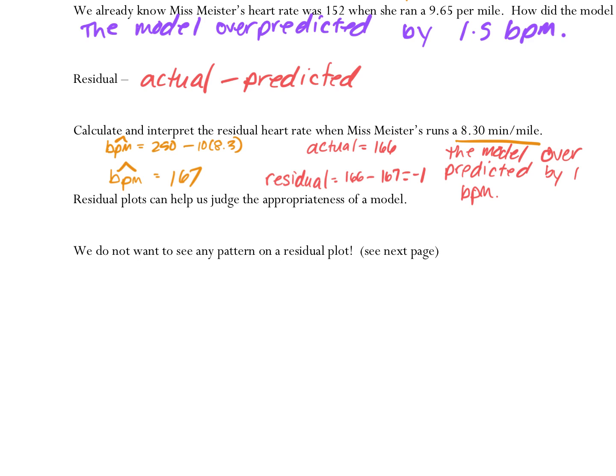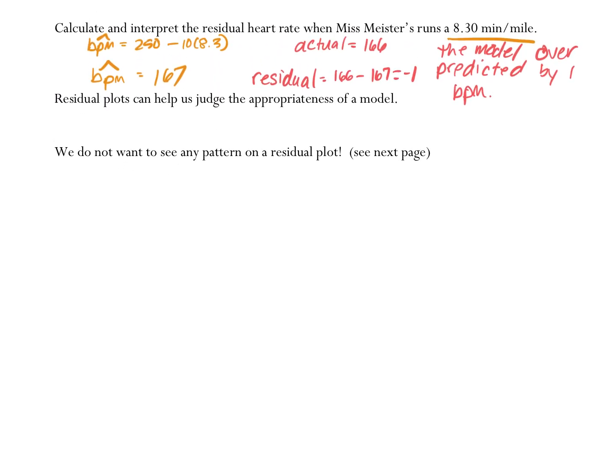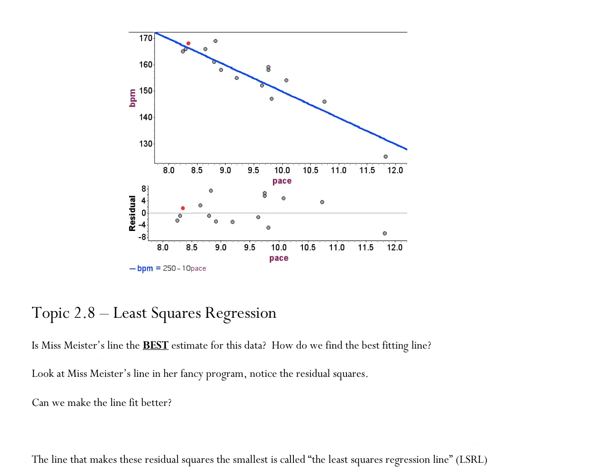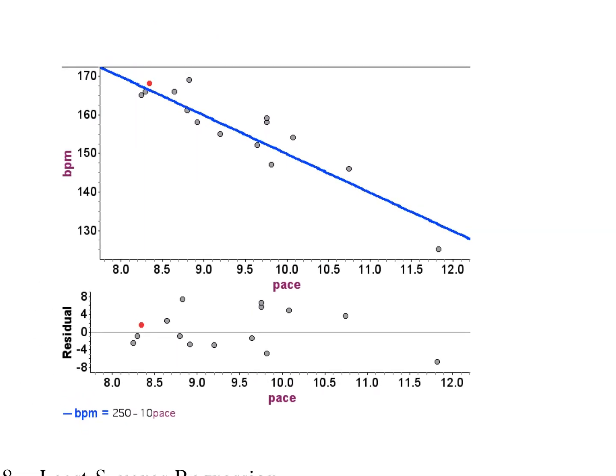Okay. All right, you guys, real quick. So here we have something called a residual plot. Essentially, the one on top is a scatter plot, and the one on the bottom is a residual plot.